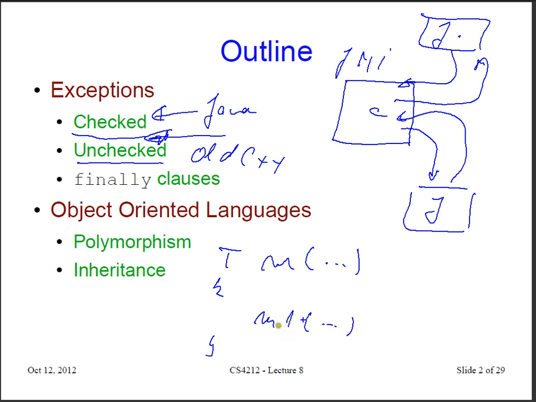Inside the call to m1, an exception might be thrown. So you have two possibilities. Either you provide a try catch here, so this is our checked exceptions, or you have to declare it here.